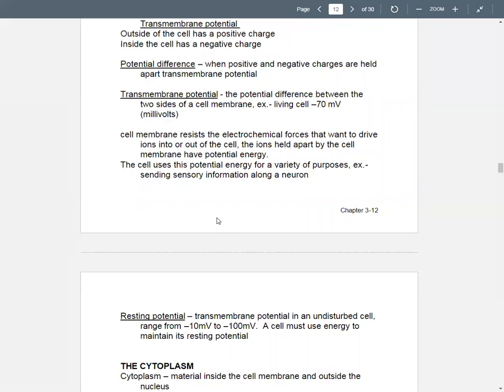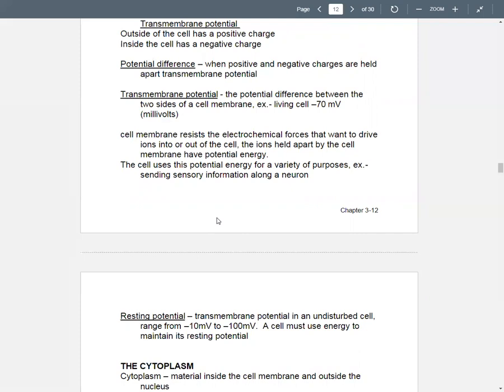Another way of talking about the transmembrane potential is the potential difference between two sides of the cell membrane. Potential difference is something you'll see a lot in physics when they talk about electricity. Transmembrane potential is kind of like a cell biology application of that.